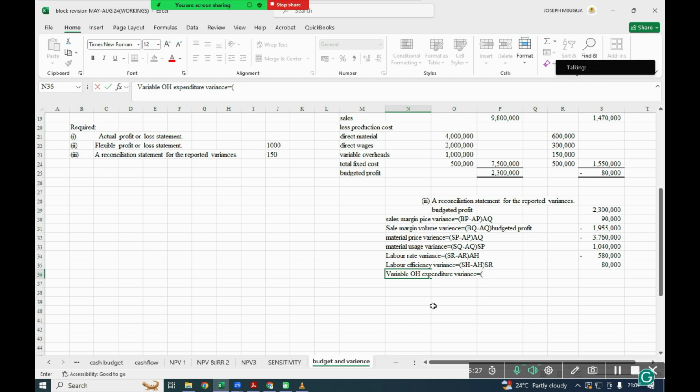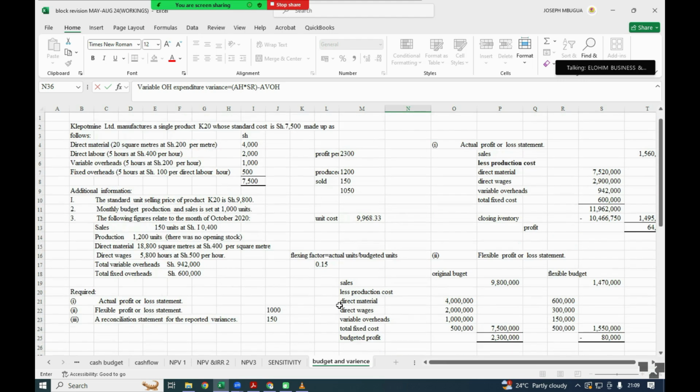You can open this: actual hours, you multiply by standard rate, and you minus the actual variable overhead.